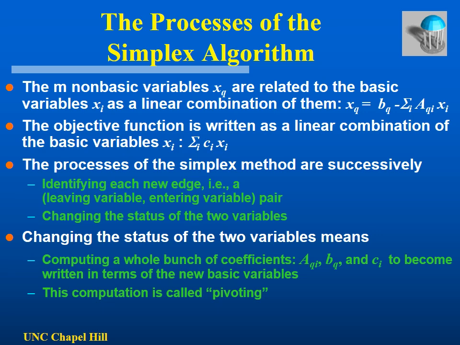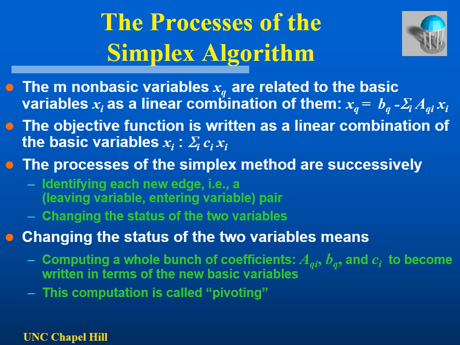So we have a whole bunch of new a sub qi, b sub q, and c sub i to compute that will need to be written in terms of the new basic variables. And this computation of the new values, a sub qi, b sub q, and c sub i, in terms of the old values, is what's called pivoting.